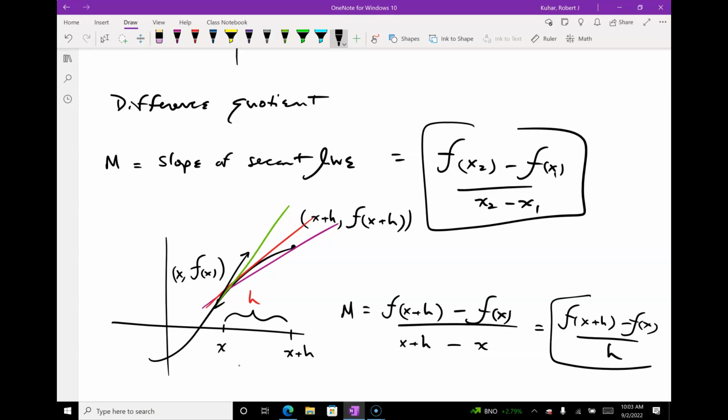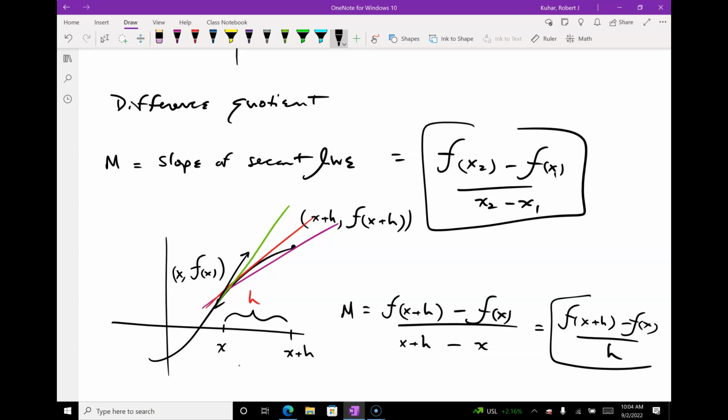In the first one, I'm getting x2 to go to x1. In the second one, I'm getting x2 to go to x1 by letting h go to what? Yes. So you can already see we're going to be doing limits of this as h is going to 0. What's going to happen to my secant line is it's going to become my tangent line, and now I can use the limit to predict the slope of the tangent line.